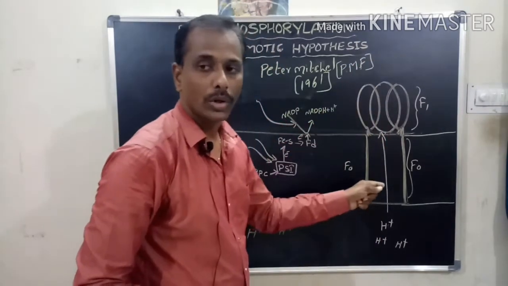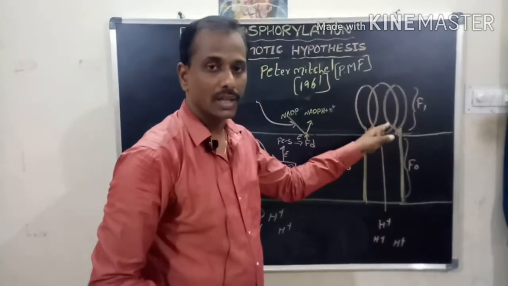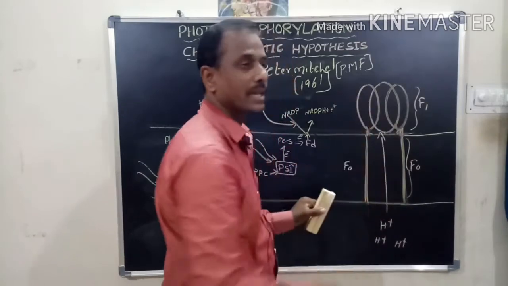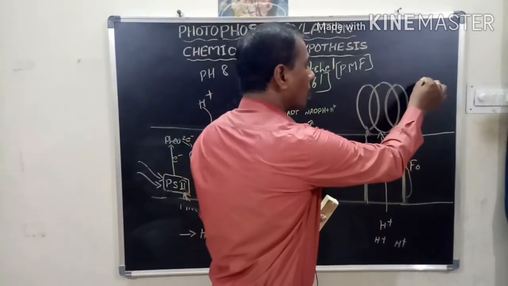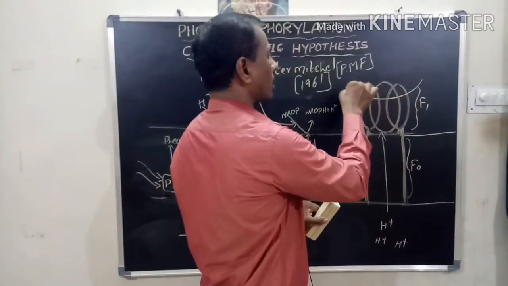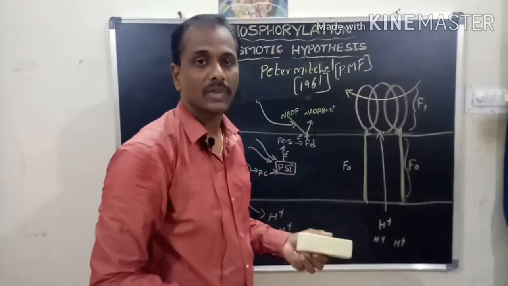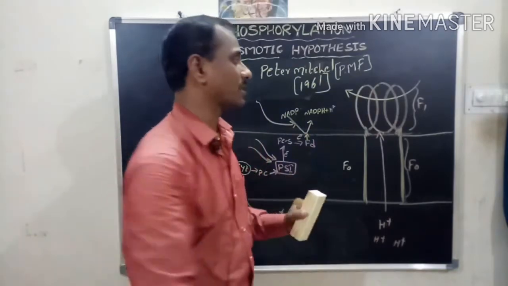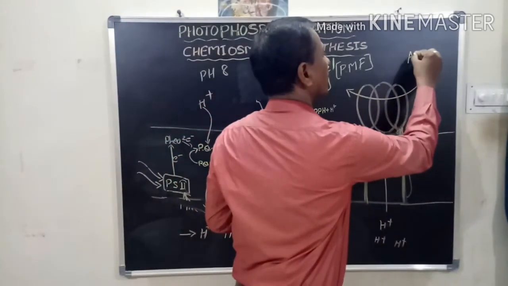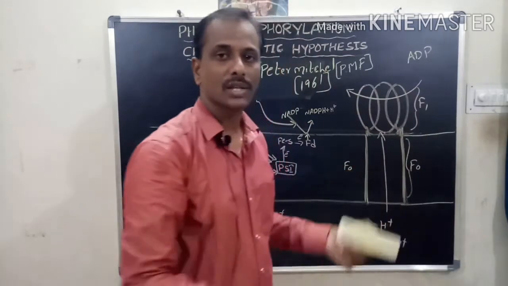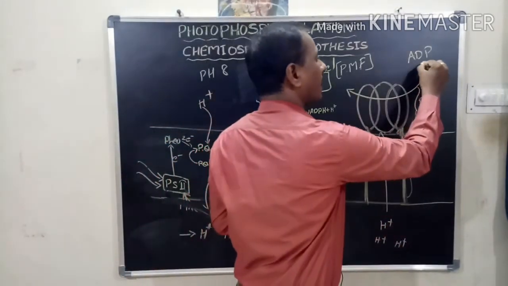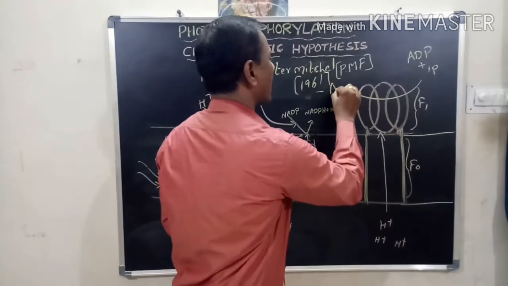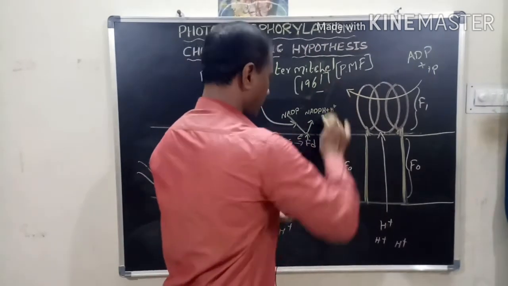Due to the proton motive force, the movement of H plus ions releases energy, which helps in the binding of ADP with inorganic phosphate. ADP, which is always present in the stroma, binds with inorganic phosphate and forms ATP.